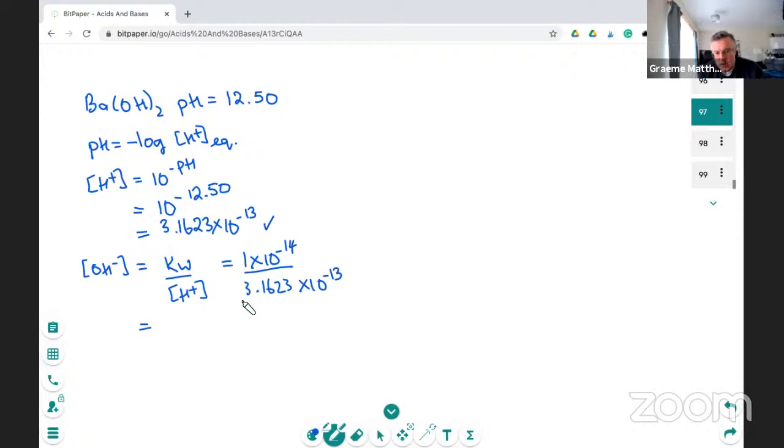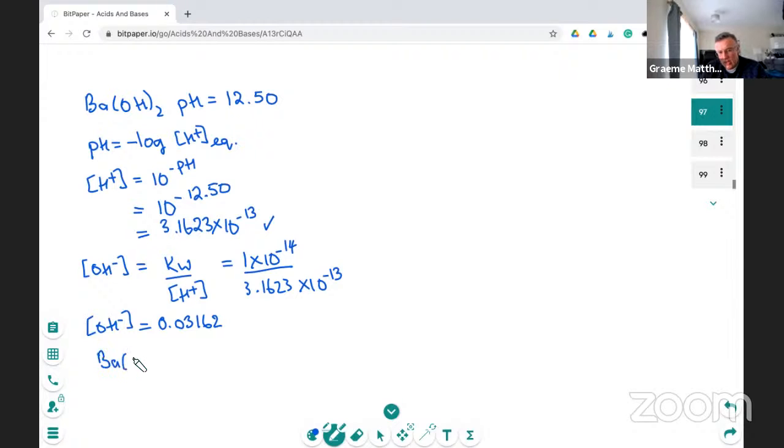Right, I got the OH concentration being 0.0316, and I'll take it out to one extra significant figure than what I need, right? So this is my hydroxide ion concentration, but, and this is the reason why I picked this one, chemists.